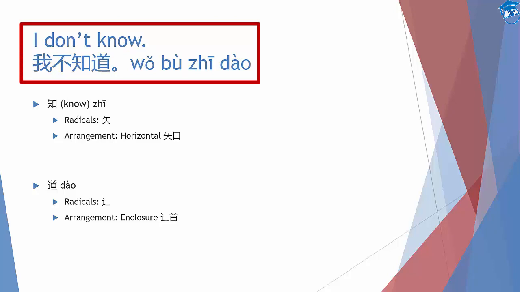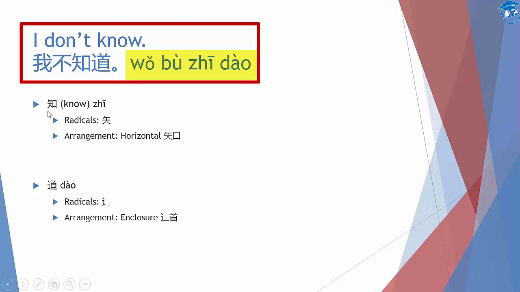The way you say I don't know is 我不知道. You know the first two words, 我 and 不. 知道 is know, K-N-O-W.